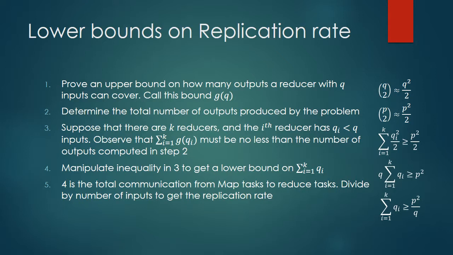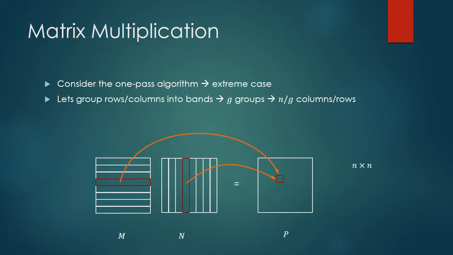Anything else? Let's look at one more case of this. This is one reducer. Try to think of the analysis that we just did. The output is n over g squared, but the input is n times n over g from each of these matrices, so it's 2n squared over g.